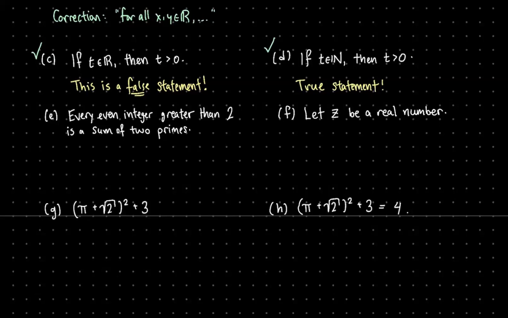Okay, let's see. E, every even integer greater than 2 is a sum of 2 primes. Interesting. So 4 is 2 plus 2. 6 is, let's see. Which one is 6? 6 is an even integer. And is it a sum of 2 primes? I guess it's 5 plus 6.